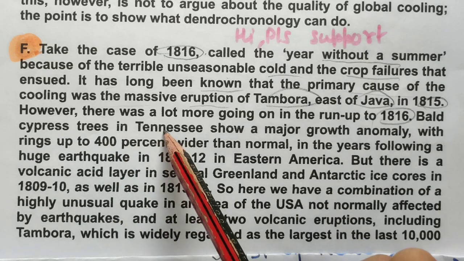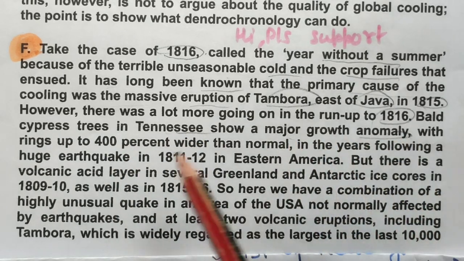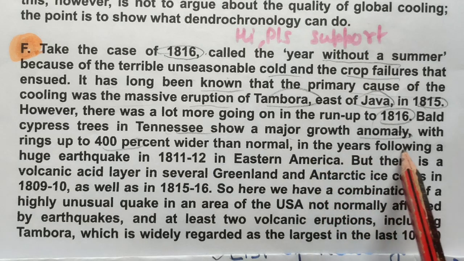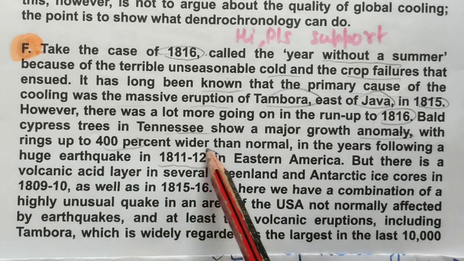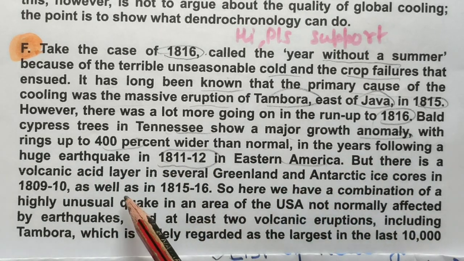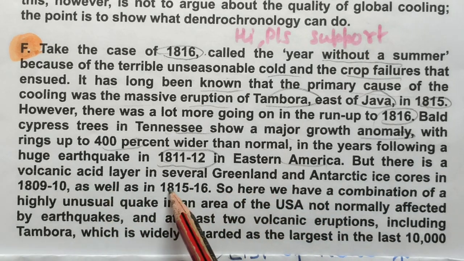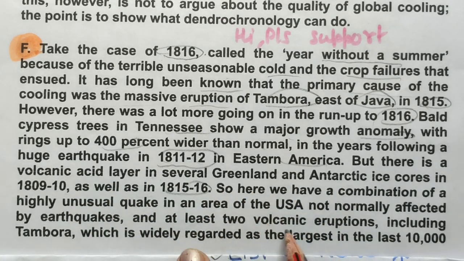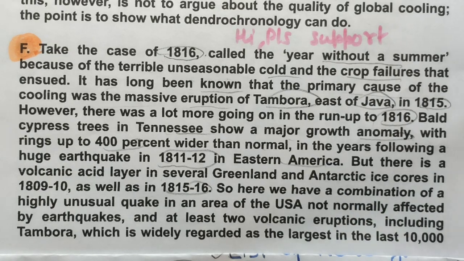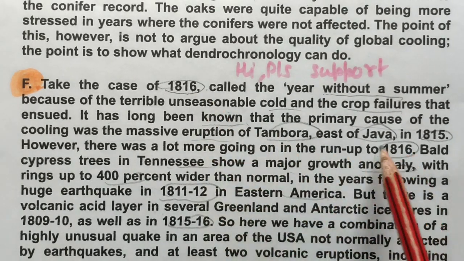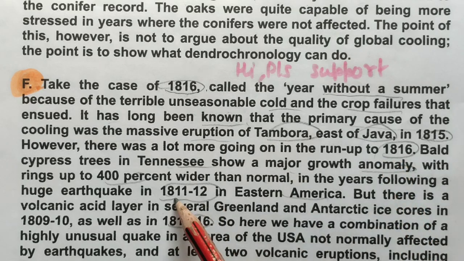Bald cypress trees in this show a major growth anomaly with rings up to 400% wider than normal in the years 1811 and 12 in Eastern America, but there is a volcanic acid layer here and here, 1815, 16. So I think they are talking, because most of the time they have taken 1816, 1815, 1811, 12.